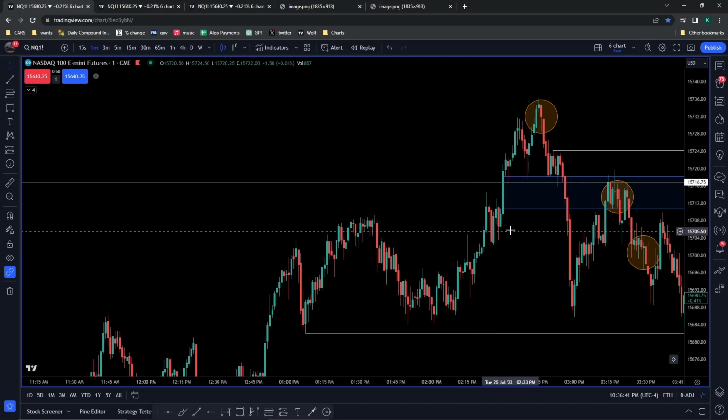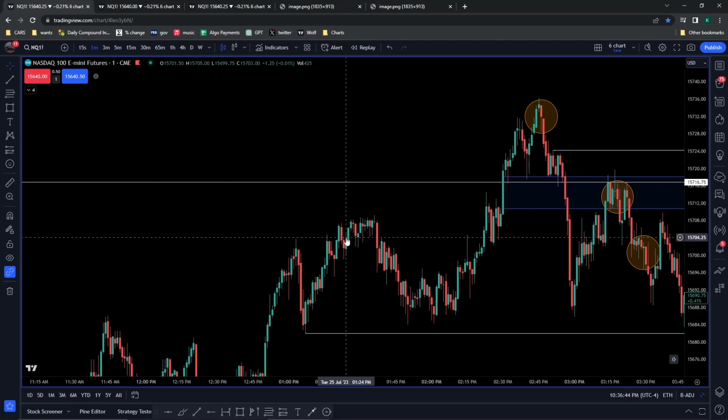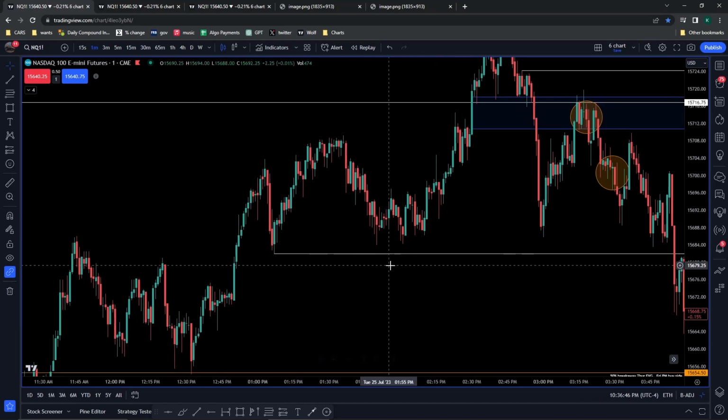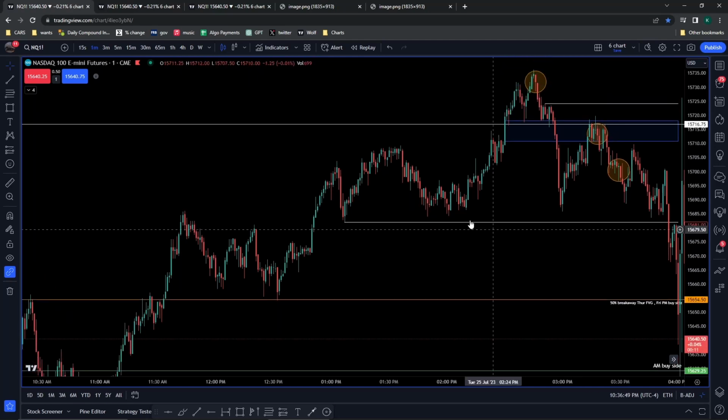So all this trade is a break above this consolidation. And typically we would be seeing a sell-off after this.